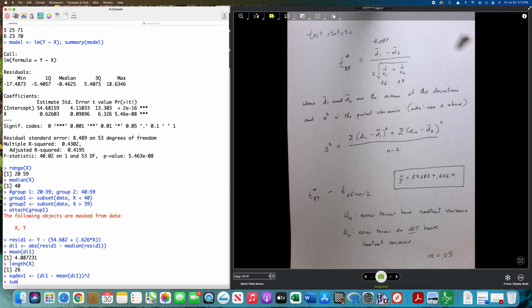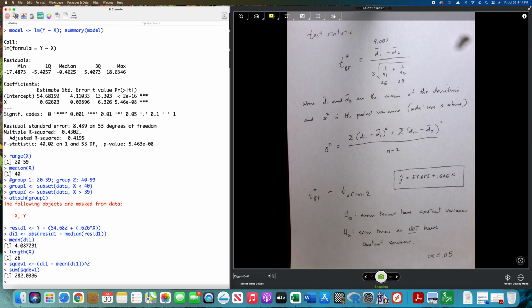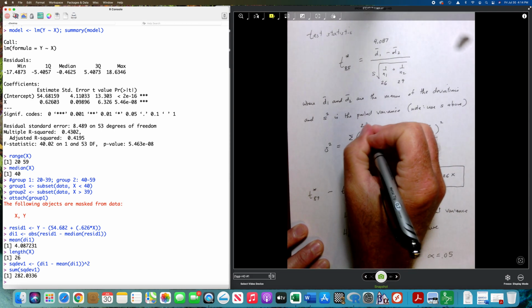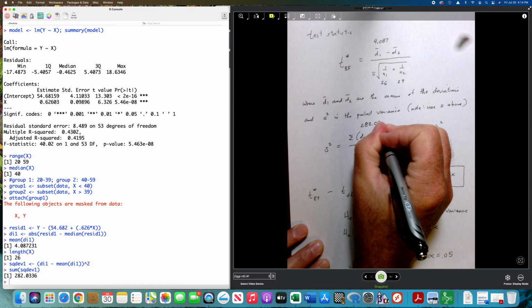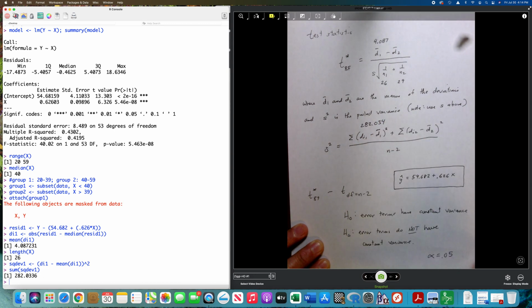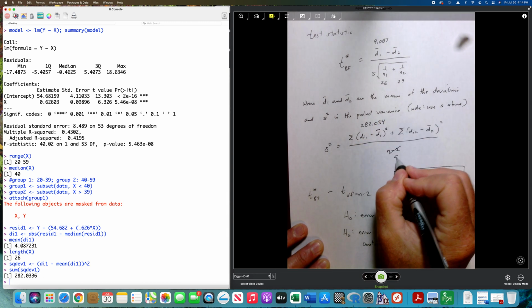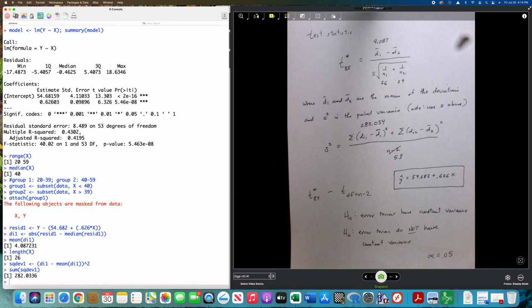And then I need the sum of the squared deviations 1. So 282.034. And I know down here I'm going to have, of course, 53. Now everything else I need to get from group 2.